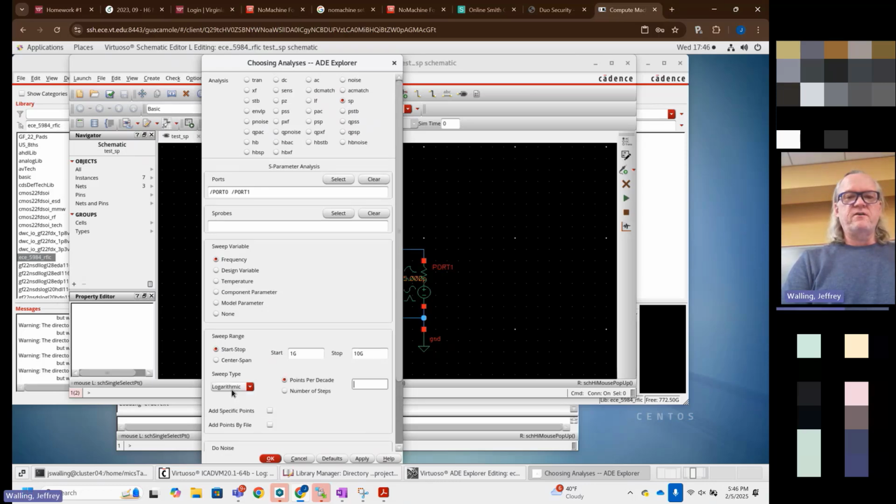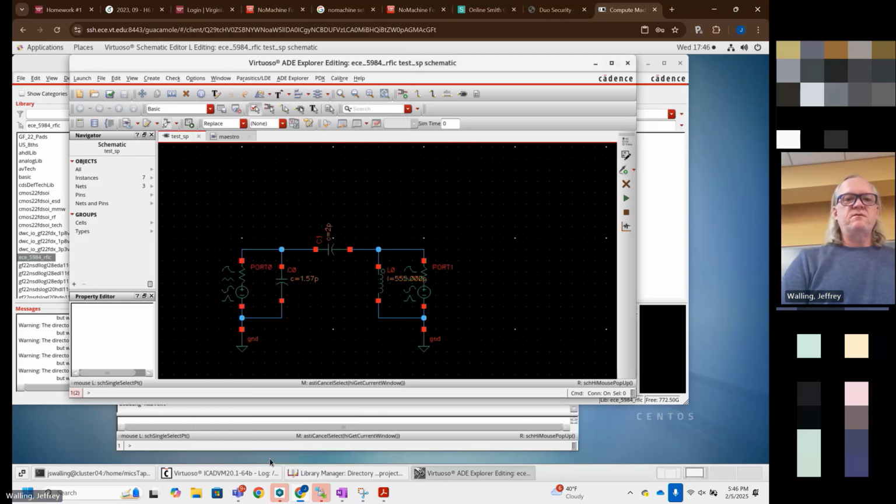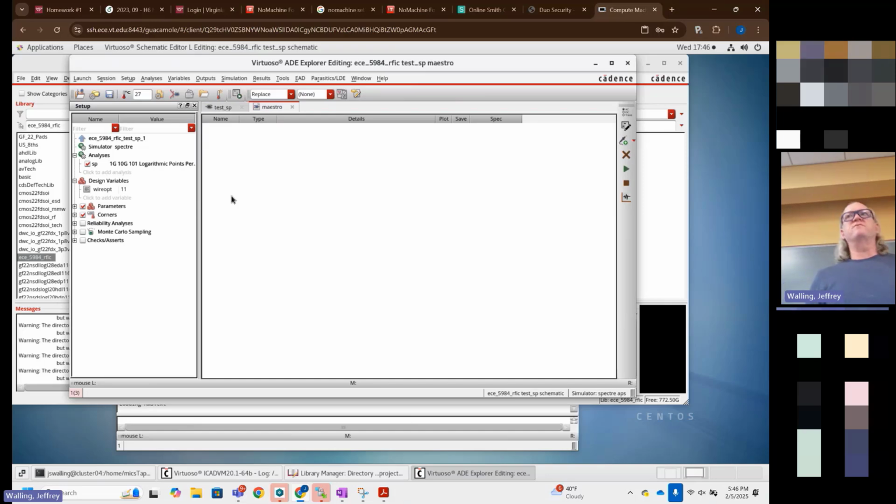I like to do logarithmic sweeps, but you can do anything you like here. It's just going to change how it's displayed. We'll click OK, and we should be good to go for this relatively simple simulation. We can add some outputs in advance if we want to, but it's easier just to go ahead and run the simulation and add some plots afterwards.